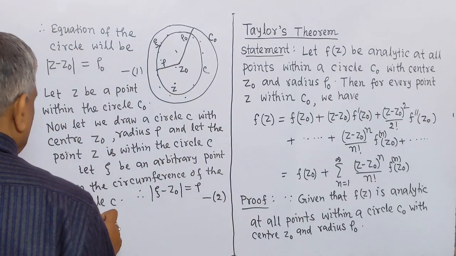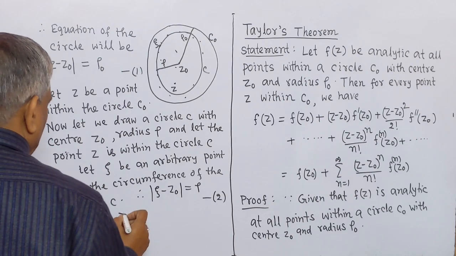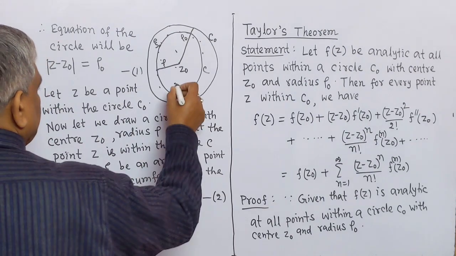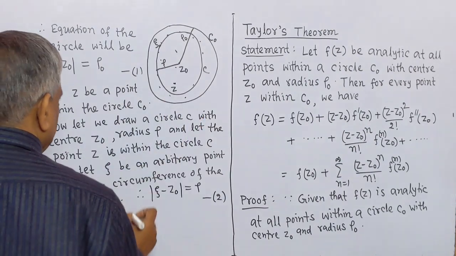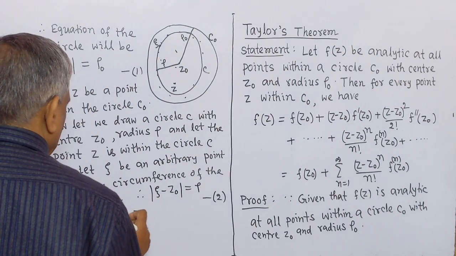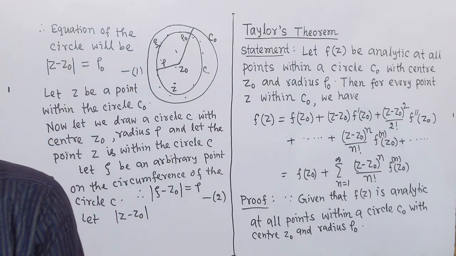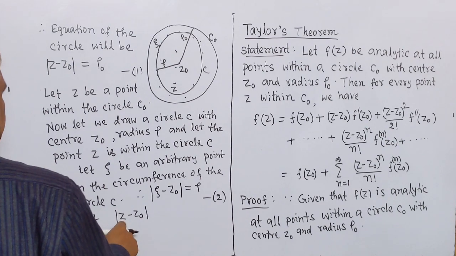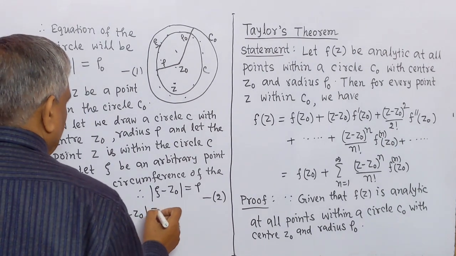Let modulus of z minus z naught, meaning the distance between the two points z and z naught, equal r.